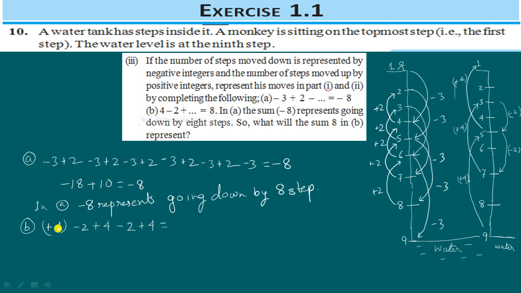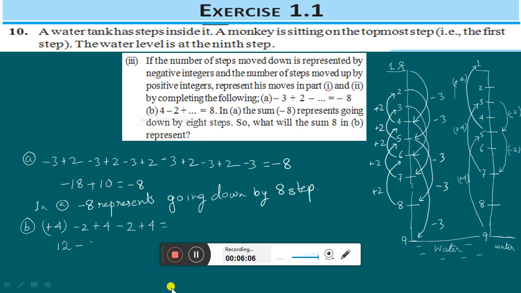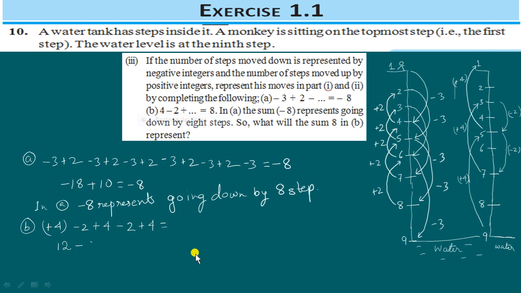What are we getting, let's see. 4 plus 4 is 8, plus 4 is 12, minus 2, minus 2, minus 4. 12 minus 4, that is plus 8.